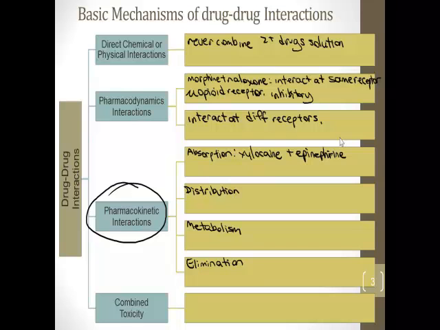Second one is altered distribution. What happens here is that two drugs can compete for protein binding. So for example, if a person is taking both warfarin and phenytoin, which is Dilantin, both those drugs are highly protein bound, and they can compete for that protein binding, and therefore change the amount of free drug.